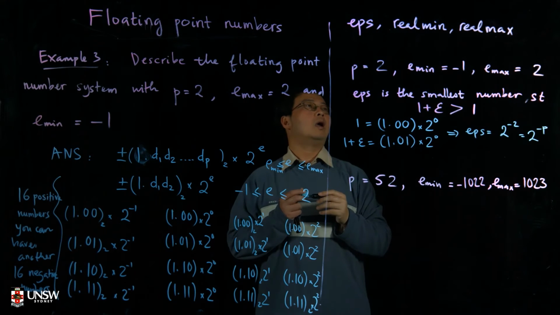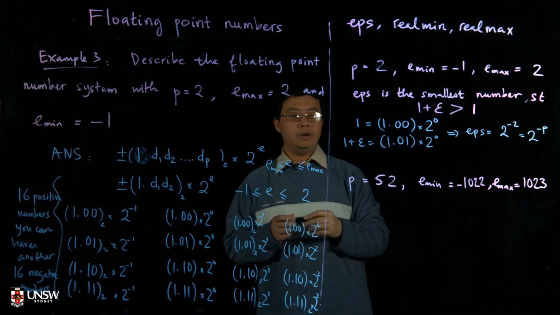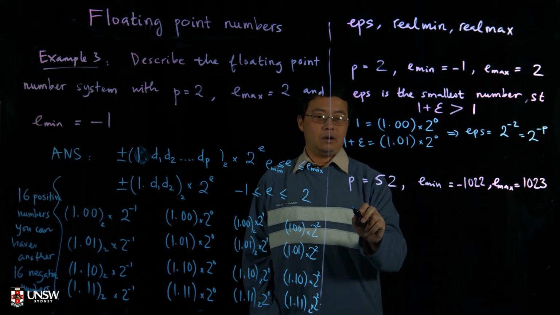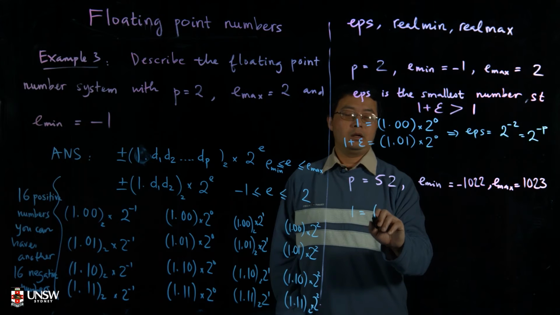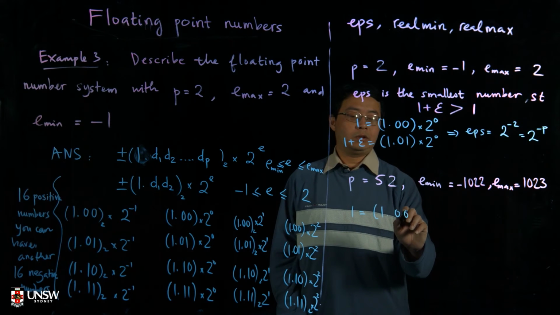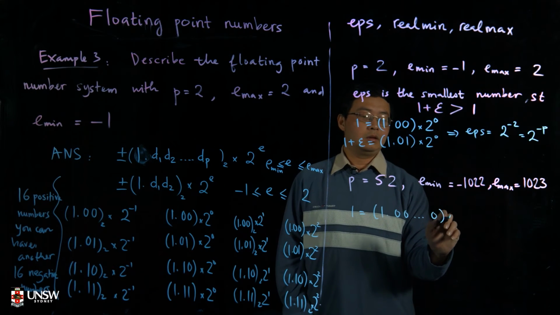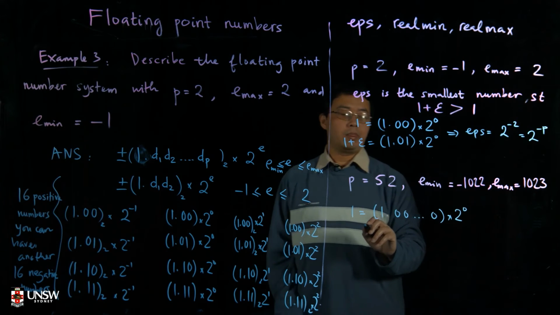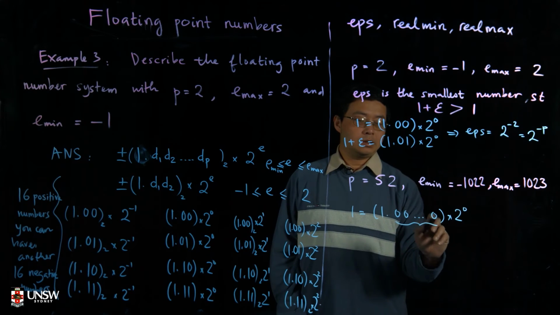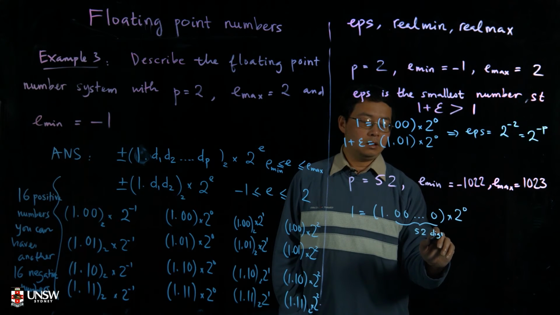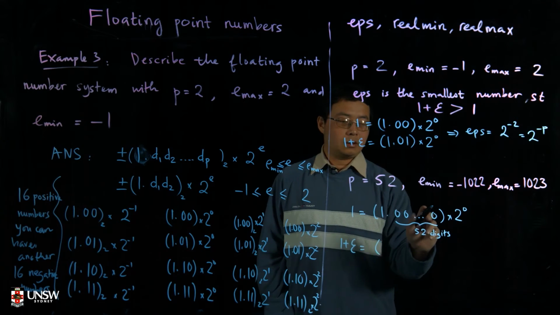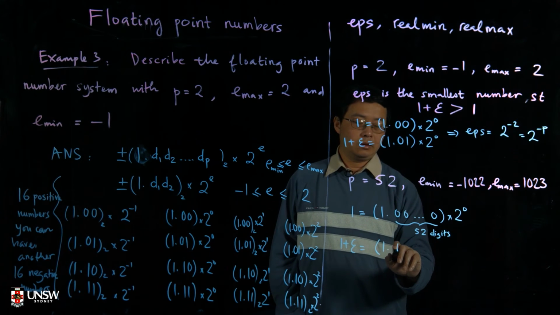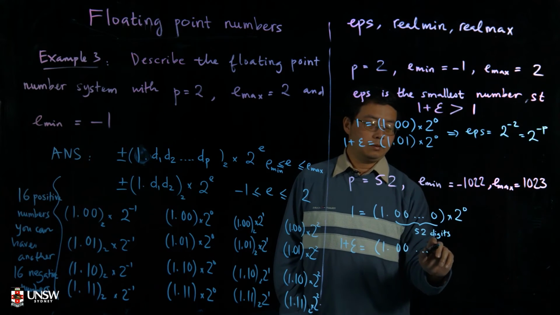Okay? And so the same in MATLAB. In MATLAB, you describe the number 1 by 52 digits. Okay? And all 52 digits here are just equal to zero. So for 1 plus epsilon, you just turn on the last digit to 1.